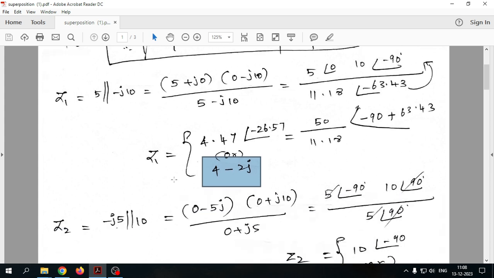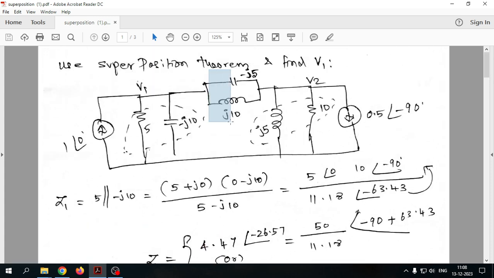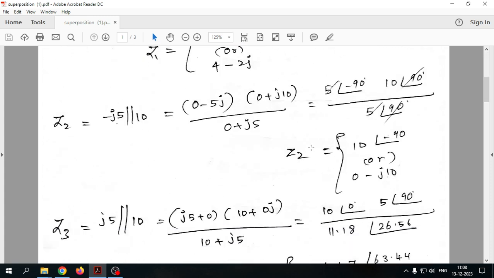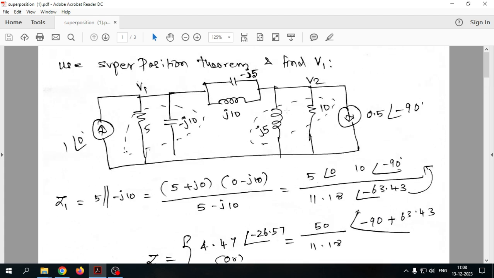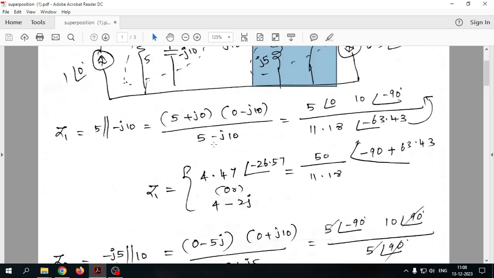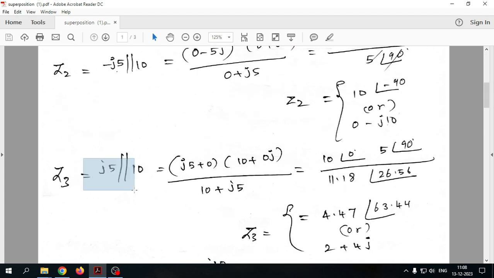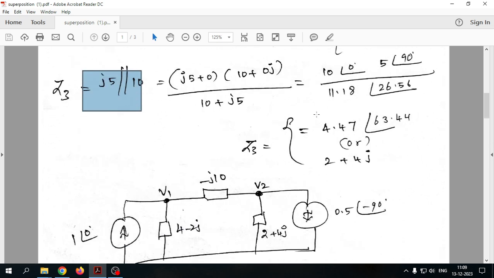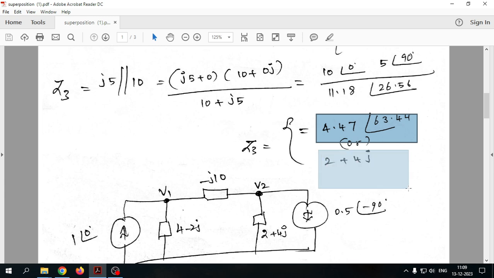In the same way, if you do minus j5 parallel 10, the value is 10 with an angle minus 90, or in rectangular form it is minus j10. For the third case, j5 and 10, the combination will give you 4.47 with an angle 63.44, or in rectangular form it is 2 plus 4j.